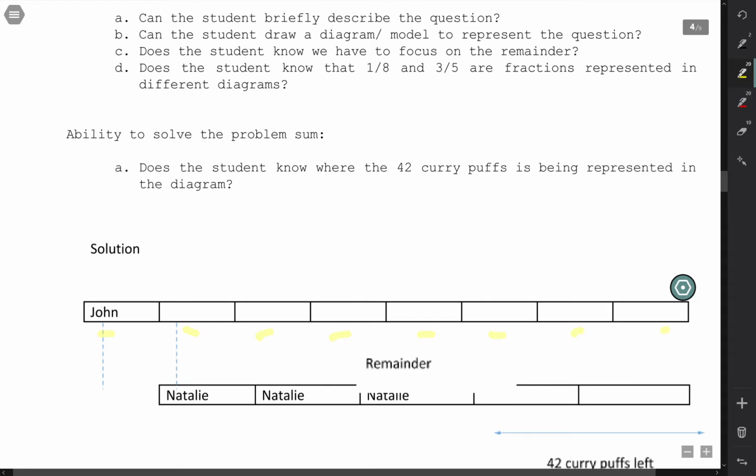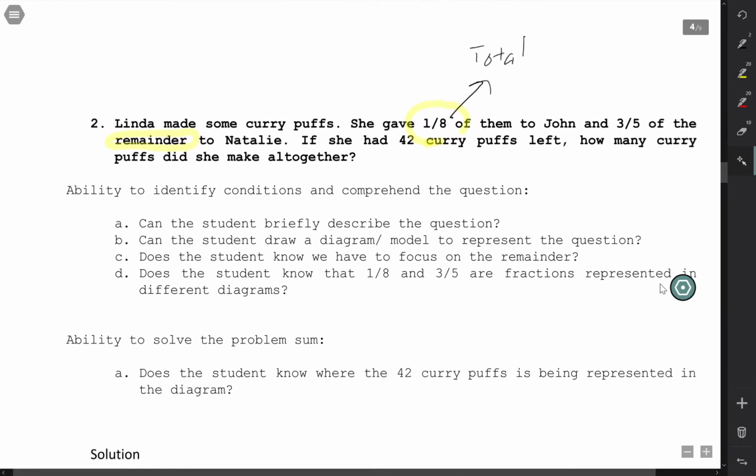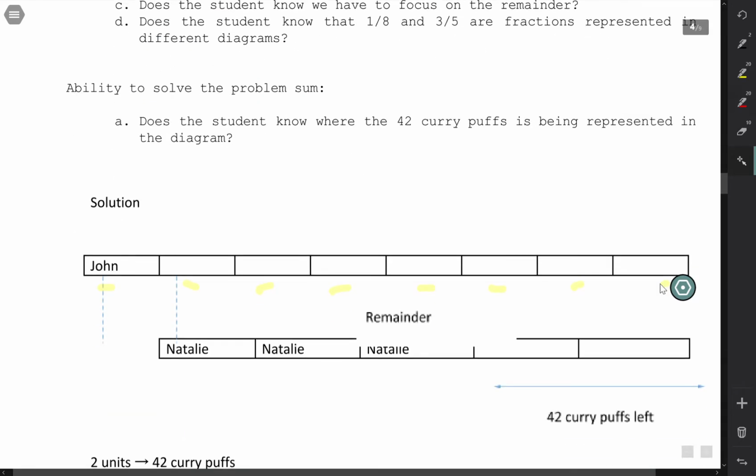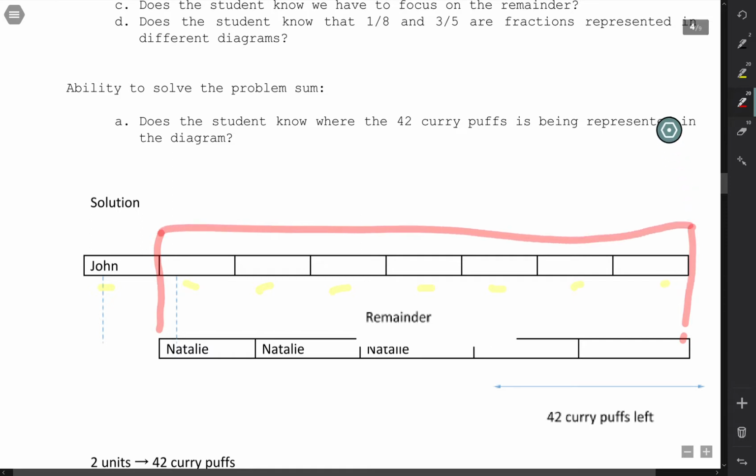That's what she has at first. So 3/5 of the remainder to Natalie. Now where is the remainder? If you give 1 to John, the remainder must be from here to here. Okay, this is the remainder.